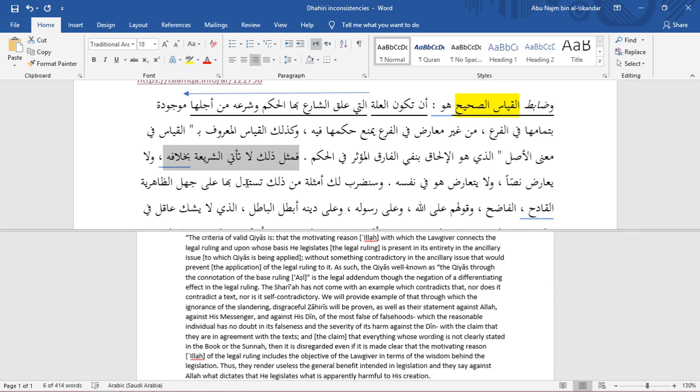And this is how the Qawa'id al-Fiqhiyah came about. The Mujtahideen scholars and the scholars of Usul studied the legal rulings and determined that 75 to 80% of legal rulings can be reduced to a handful of Qawa'id, a handful of principles. And these are the maqasid of the Sharia, the objectives of the Sharia.